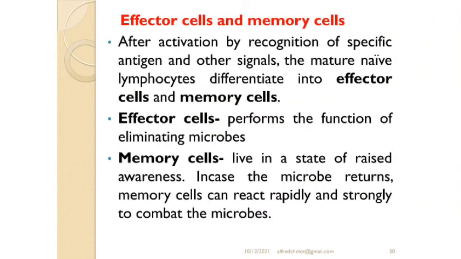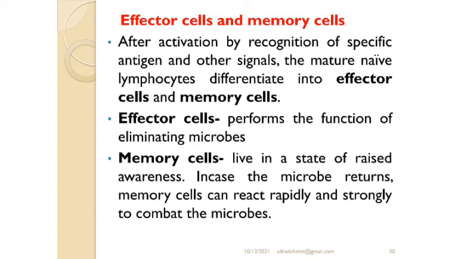So when naive lymphocytes undergo activation by recognition of specific antigens and other signals, they differentiate into effector cells and memory cells. So we get effector cells and memory cells from differentiation of naive lymphocytes once they have undergone activation.